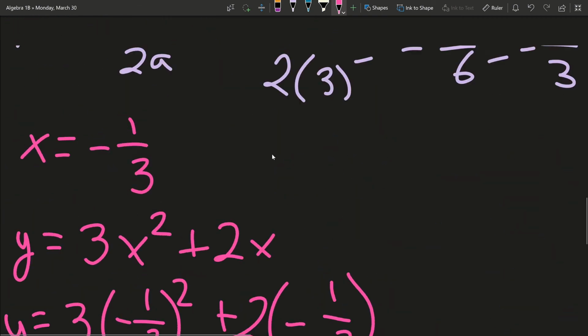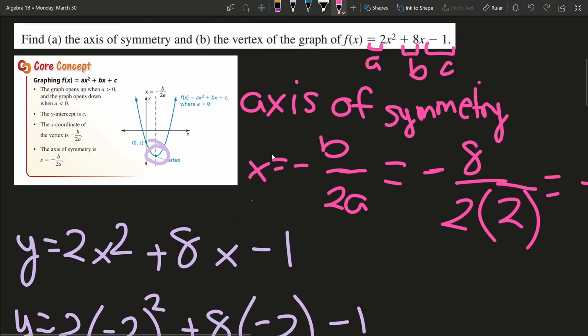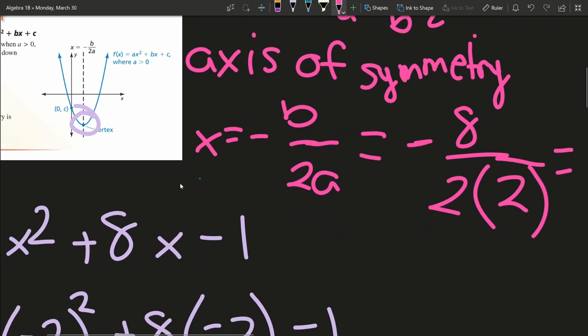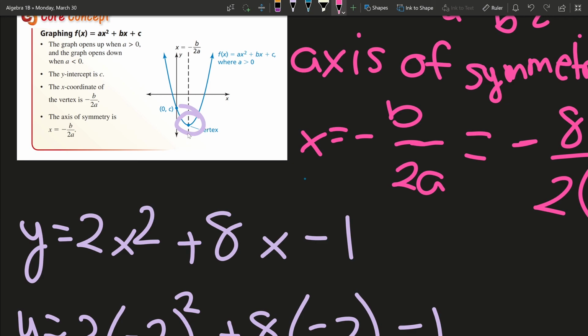Remember, the key point in this lesson today is that the vertex and axis of symmetry are going to have the same exact x. Because of that, we can easily calculate the axis of symmetry from the equation negative b over 2a.